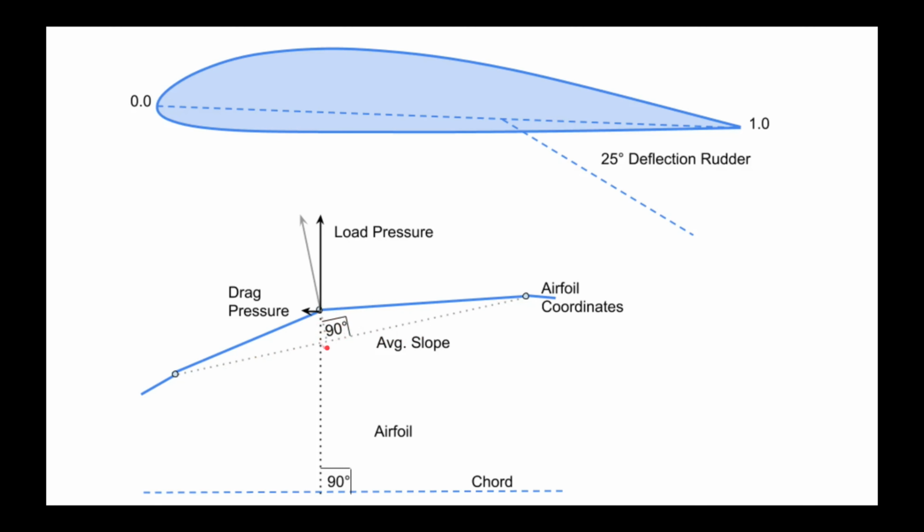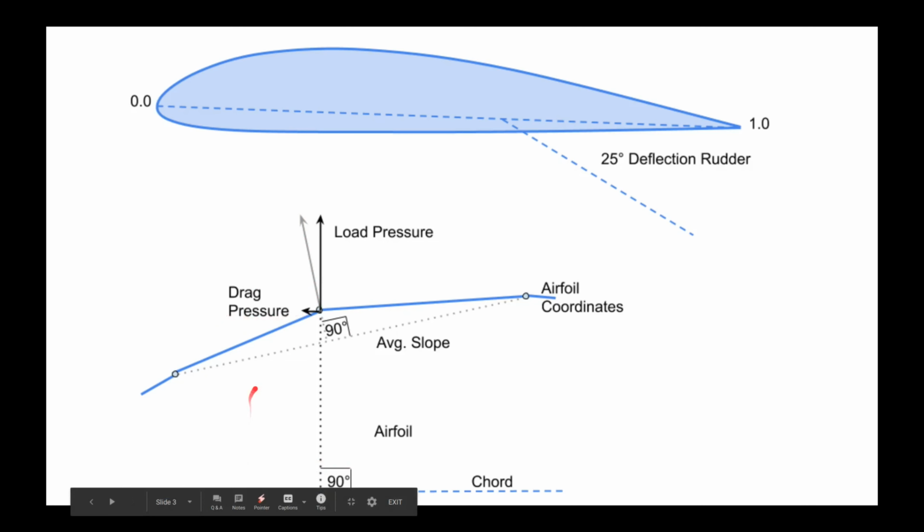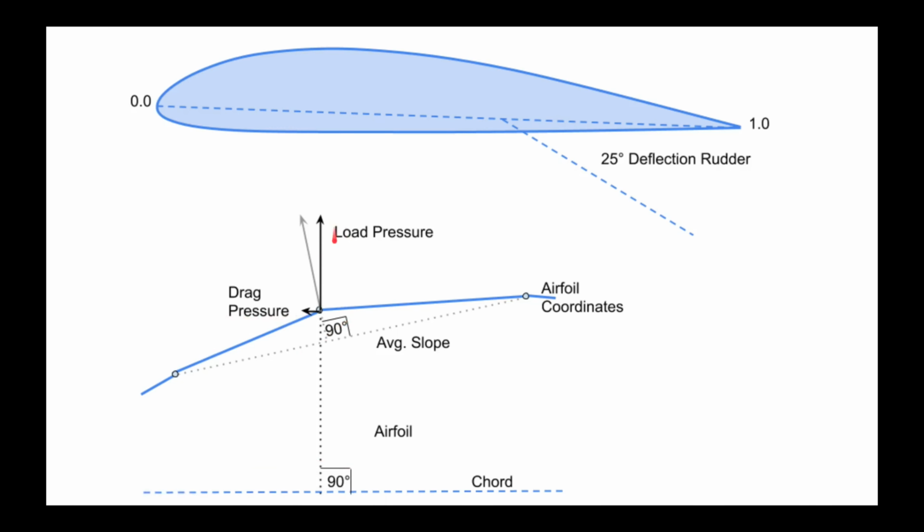Then I'm going to assume that the direction of this pressure value is normal or perpendicular to this slope line I've calculated. So that now gives me an angle for that pressure line. What I want though is I want the drag direction collinear to our chord, and I want to know the load direction, which is perpendicular to our chord. And what I can do is use sine and cosine.